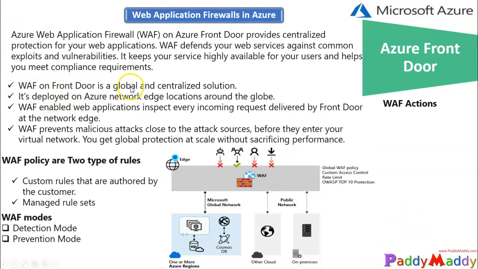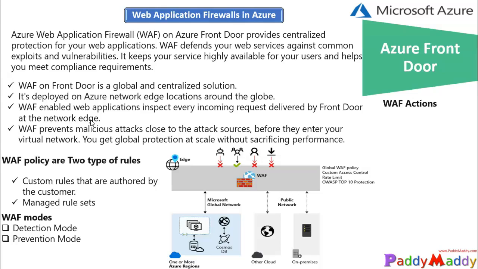So WAF on Front Door is a global and centralized solution, and it's going to deploy at the Azure network edge locations around the globe, so that before the threats enter your network, it's going to prevent them. And the WAF-enabled web application inspects every incoming request delivered to your Front Door at the network edge location. That's the key here.